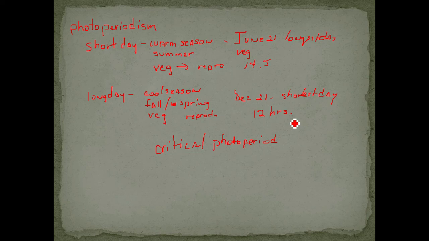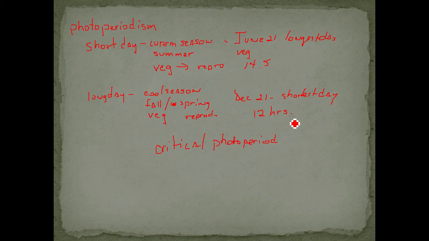So that's really all you have to remember: with short day plants, given a critical photoperiod, anything that long or shorter makes it flower. With long day plants, anything that long, whatever the critical photoperiod is, or longer, will make it flower.